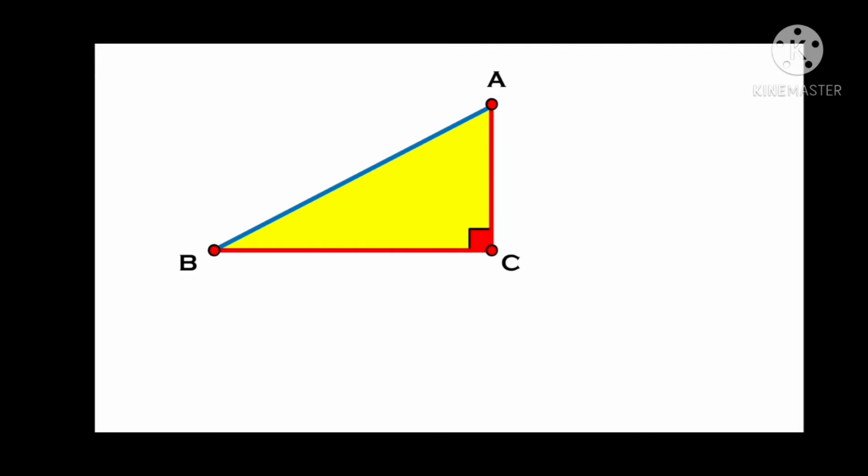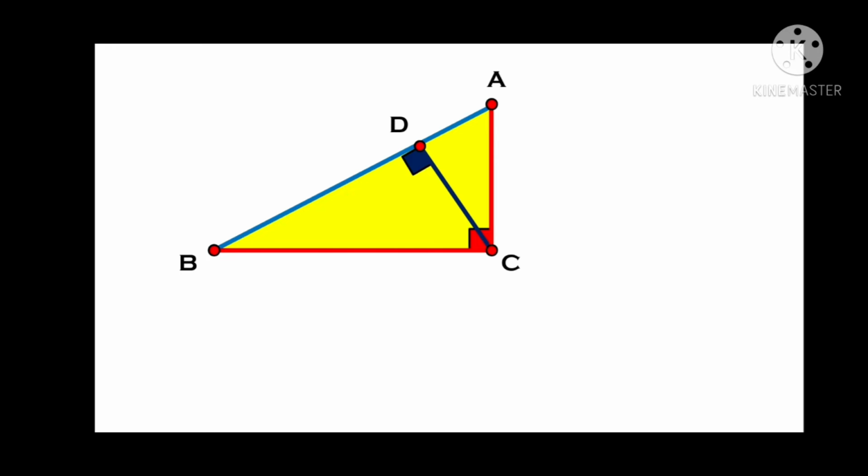And the line segment BC is the perpendicular segment from B to the side AC. And the third vertex is C. So from C, if we take a perpendicular, let it meet at point D.